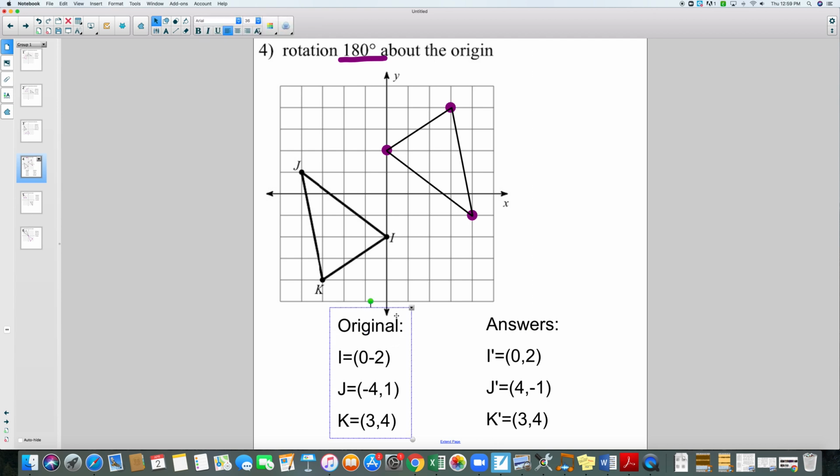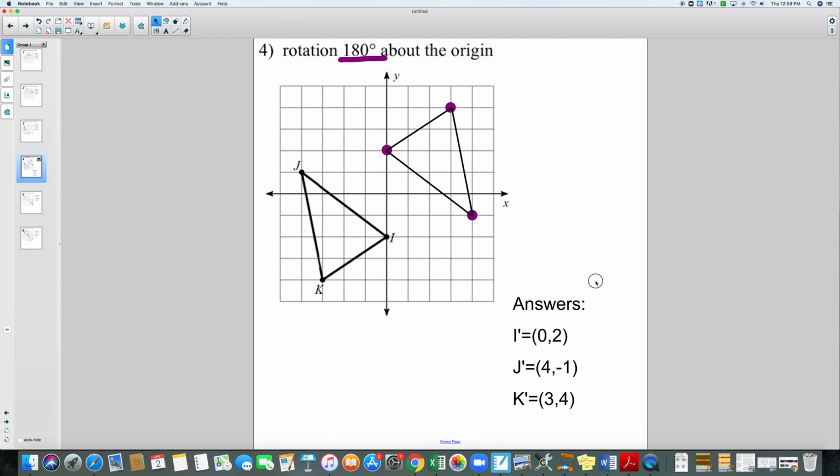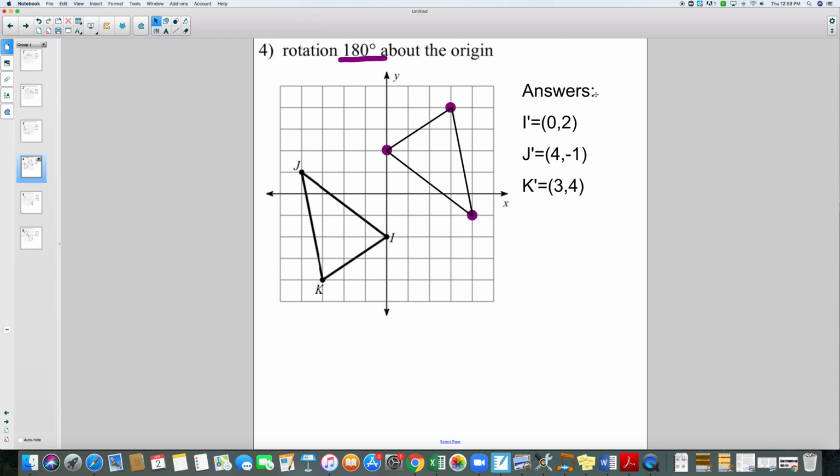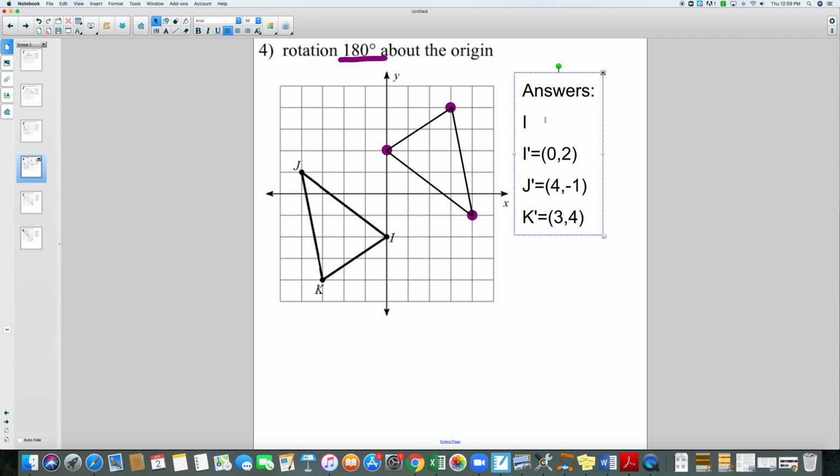Let me get rid of that altogether. Let's do I equals, so I originally was 0 and -2. J originally was -3, 1. And then K was originally -3, -4.